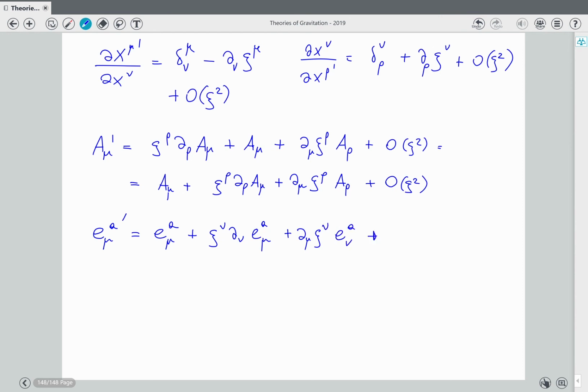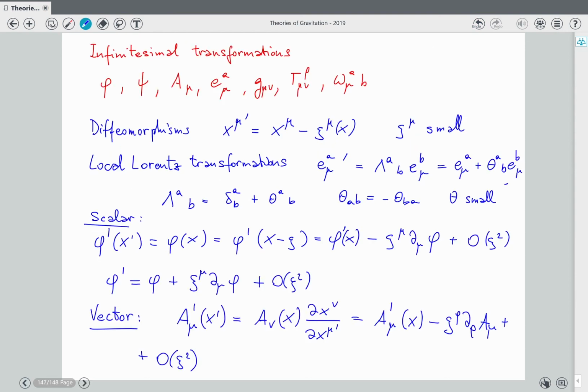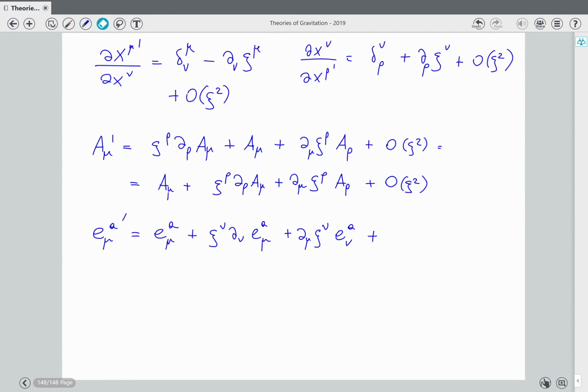And as far as Lorentz is concerned, you have an extra piece, that is this theta EB, EB mu.